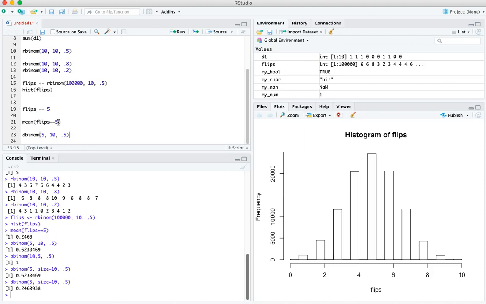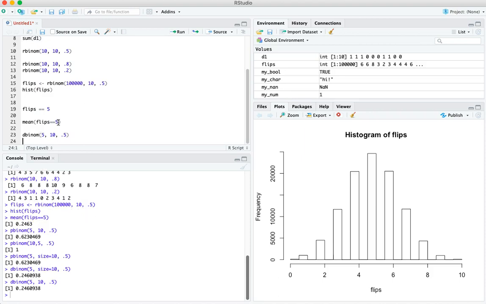This is a mathematical likelihood assuming a normal distribution. So rather than telling it, oh, do this on 100,000 flips, what we're saying is do this as the flips approach infinity. So if you flipped coins from here to infinity and before and again, that is what we are modeling here. So let's go ahead and run our dbinom.